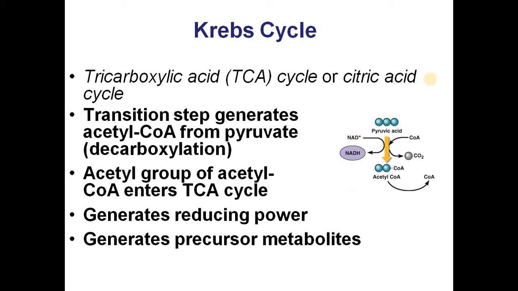So what needs to happen now is we need to link the pyruvic acid into the acetyl coenzyme A. It's a very long molecule, so we need to add that pyruvate into the acetyl coenzyme A. The Krebs cycle is happening in the matrix of the mitochondria, and the point of the Krebs cycle is this is where all this reducing power is being made.